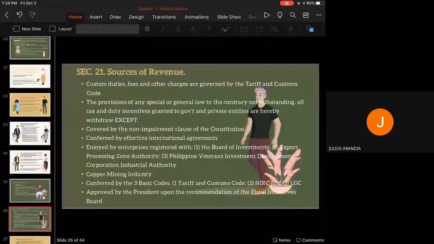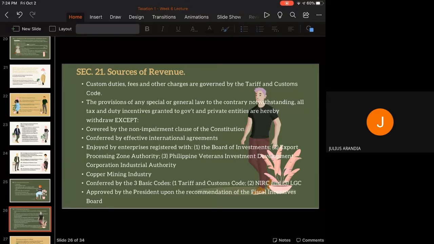The other source of revenue of the state is your customs duties, but these are governed by the Tariff and Customs Code. There are also certain incentives granted to government and private entities which are already withdrawn except for the following. Under the following, they are still covered by tax incentives issued by the government.